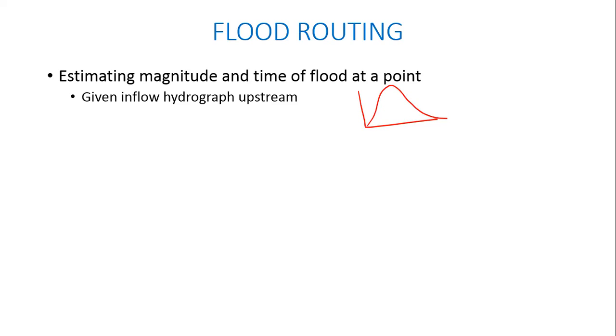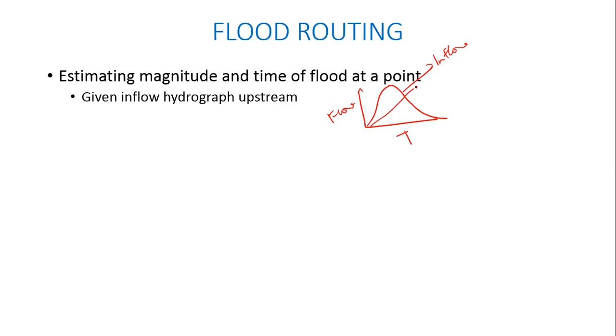At some point, I'm able to stop that peak from being that high, bring down the peak, and I also try to increase the time to peak. So if on the x-axis I have time, and on the y-axis I have flow, and this is my inflow, suppose I'm able to do this.